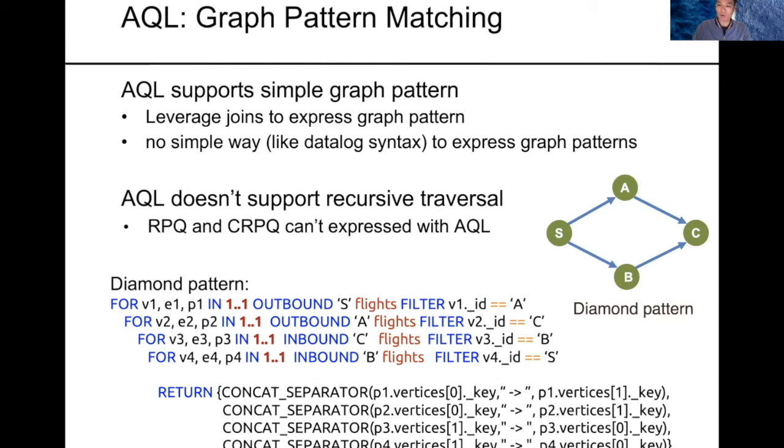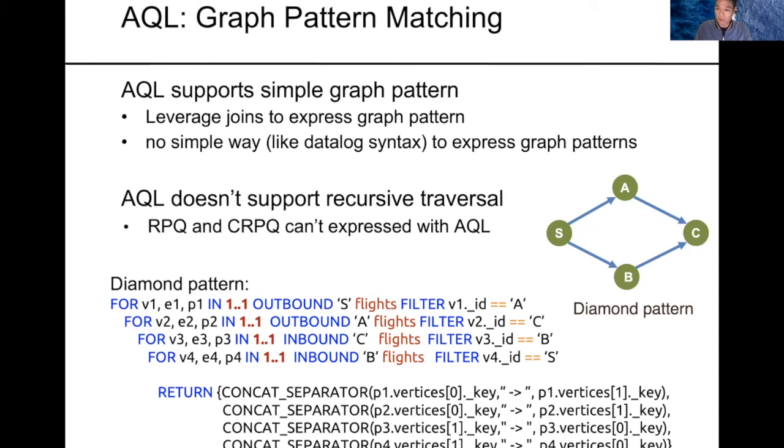In the first for loop, we're specifying the edge connecting from S to A, and second, we're looking for the edge from A to C. The third for loop is checking for the edge connecting B to C, and the last loop is checking for the edge from S to B, right?